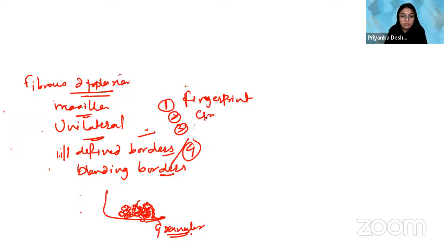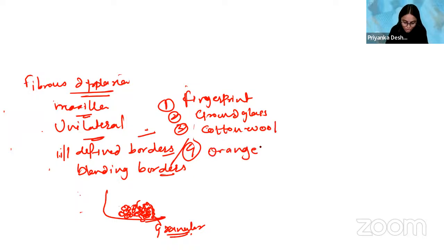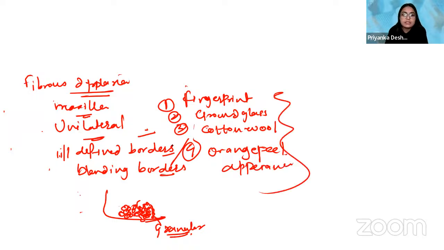Second one we have is the ground glass appearance, the most famous one. Third one we have is the cotton wool appearance. Sometimes it shows cotton wool appearance. And fourth one we have is the orange peel appearance. So these are some appearances that fibrous dysplasia shows.